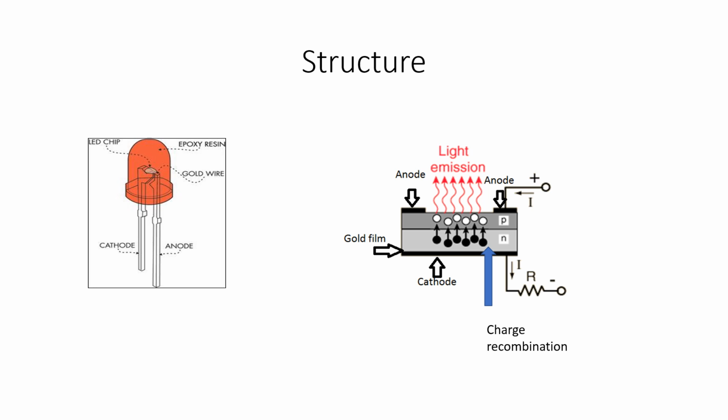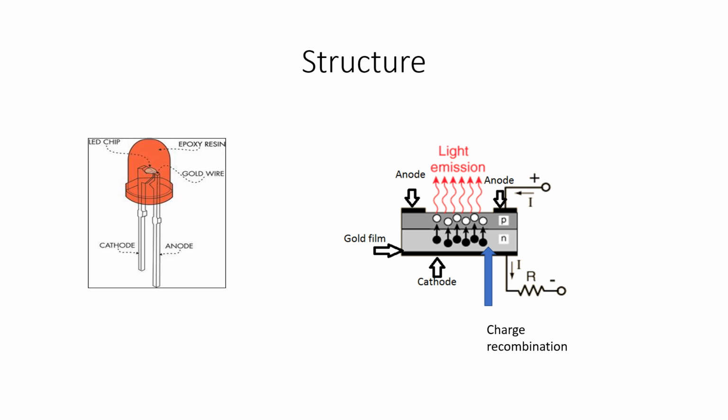Usually the longer terminal will be the anode and the shorter terminal will be the cathode. This PN junction is surrounded by a transparent plastic case to protect the diode from external shock, that is of epoxy resin. So this is the outer cover that protects the LED.